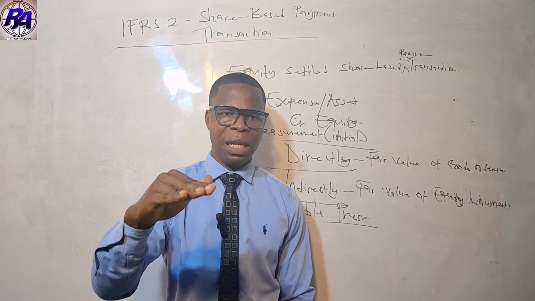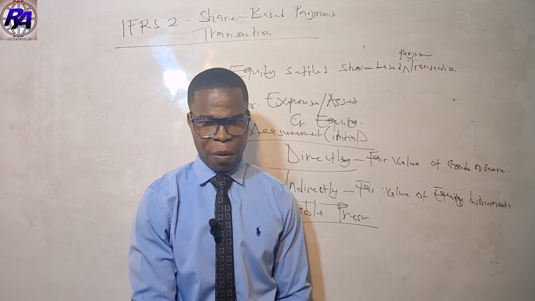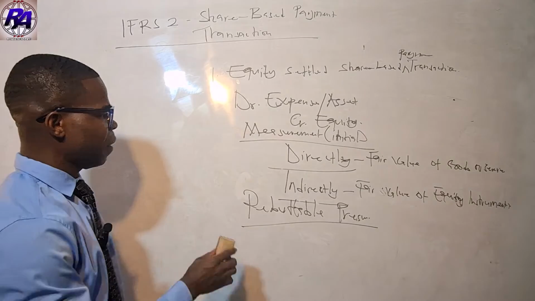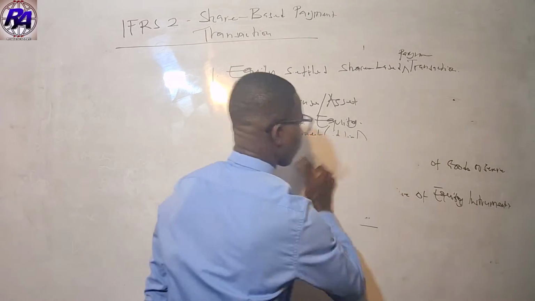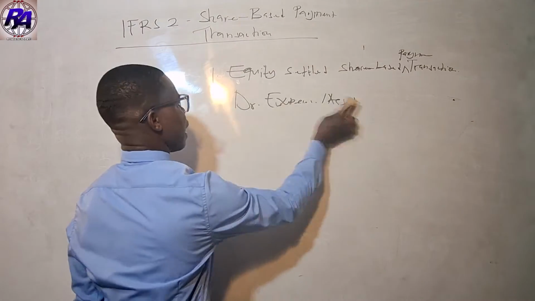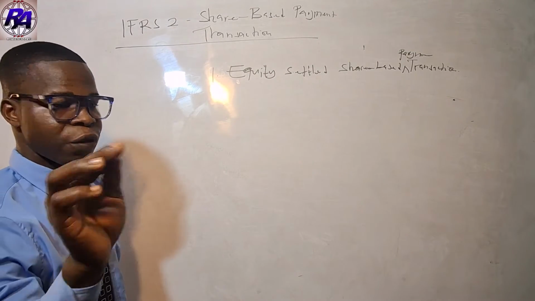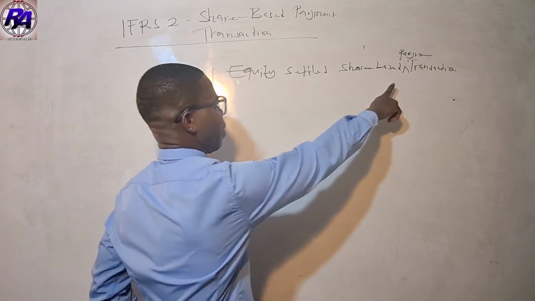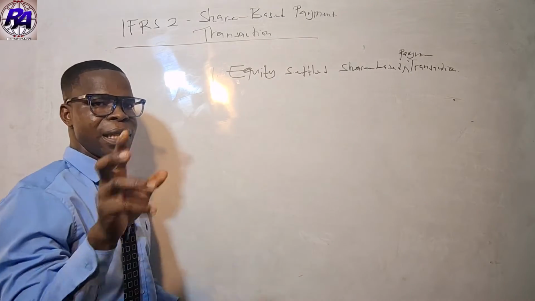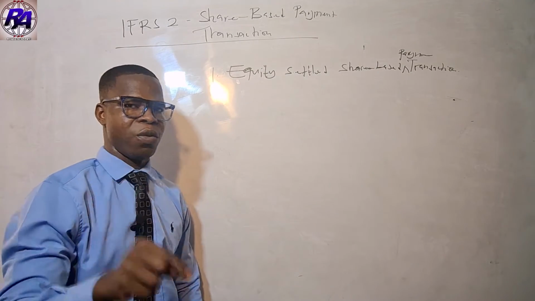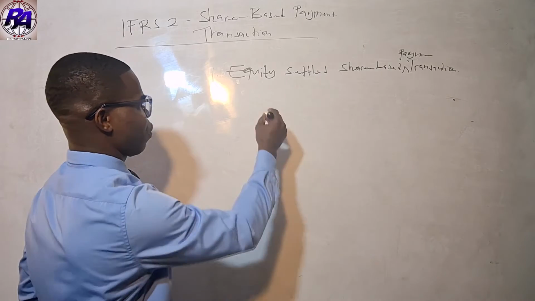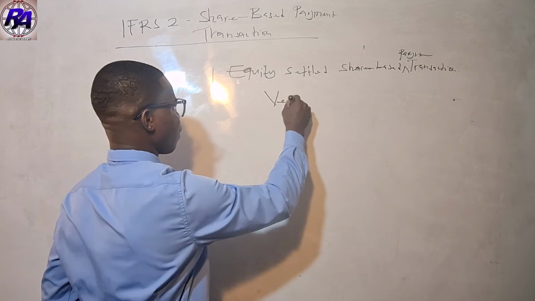So let's take each of the principles one by one. If there is a contract between an entity and an employee, and that transaction is an equity settled share-based payment transaction, then these are the principles you have to look at in the question. The first thing is, does the transaction vest?